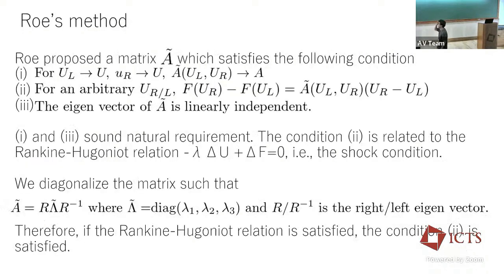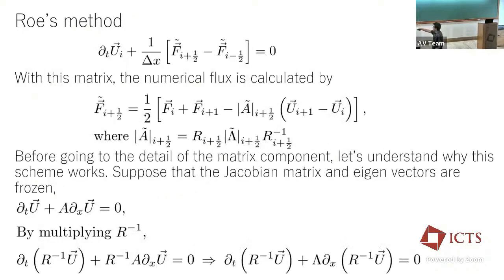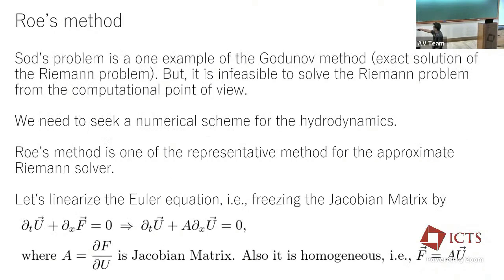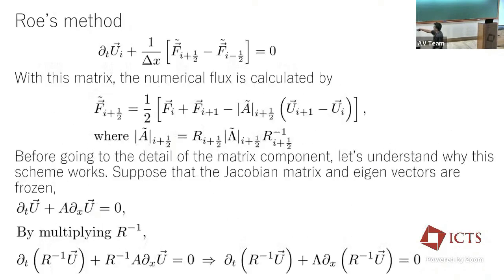And Roe proposes matrix A tilde, which satisfies the following conditions, and is good enough to capture the solution for the discontinuities. A tilde should satisfy, one, for the limiting case where the L and R states at the interface go to U, A tilde goes to the original matrix A, given by this equation.